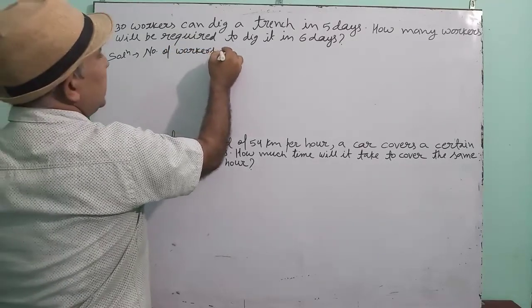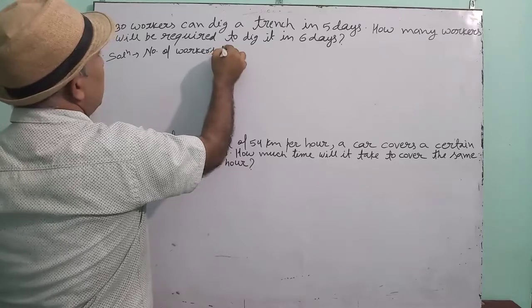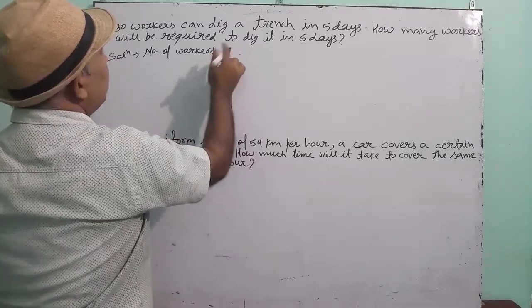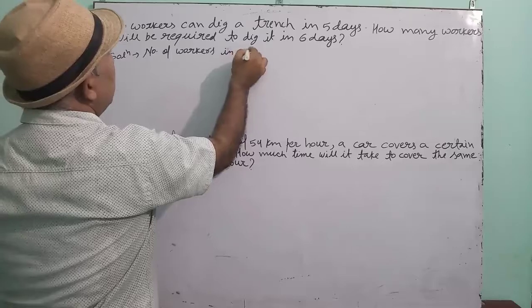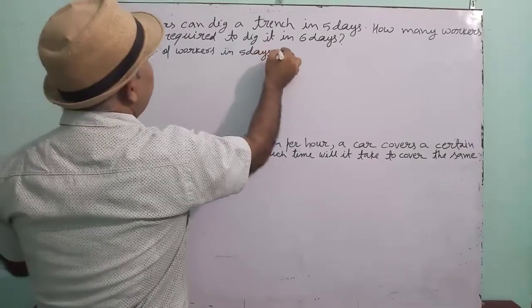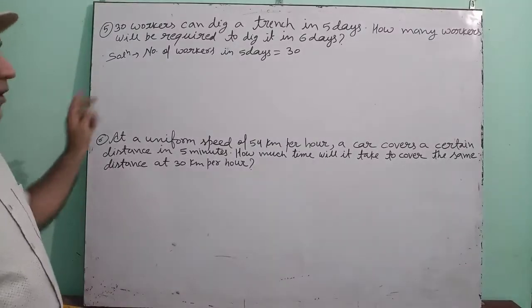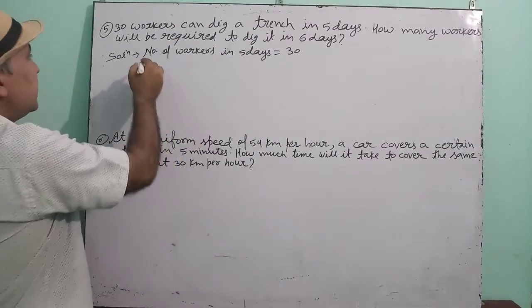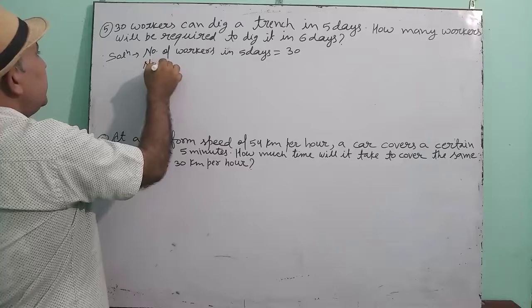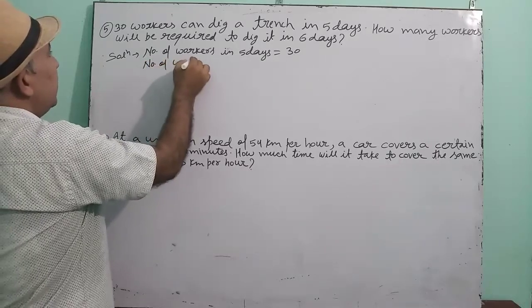Number of workers in 5 days is equal to 30. For 5 days there are 30 workers. So, what will be the workers for 1 day?